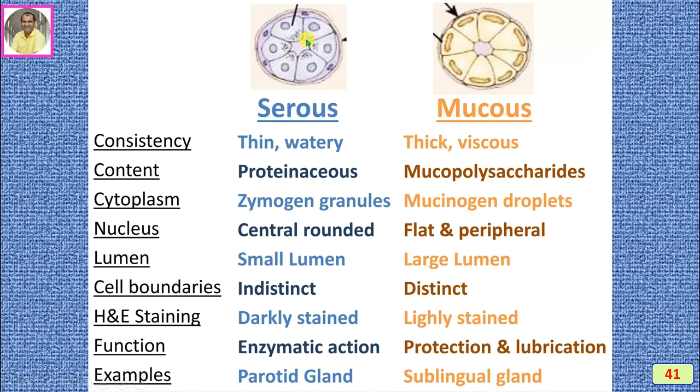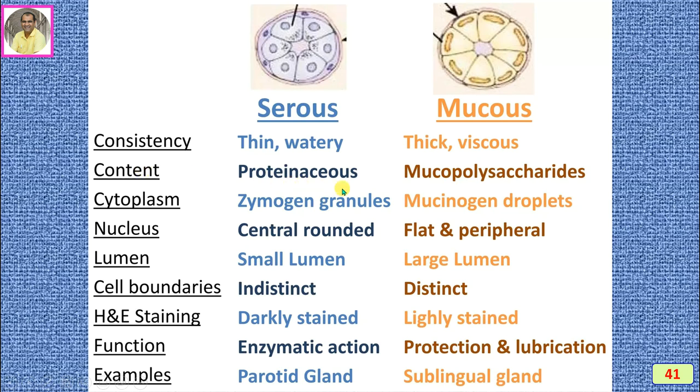Then there is a difference between serous glands and mucous glands. The consistency of serous is very thin and watery, whereas the mucous glands secrete a very thick and viscous type of fluid.